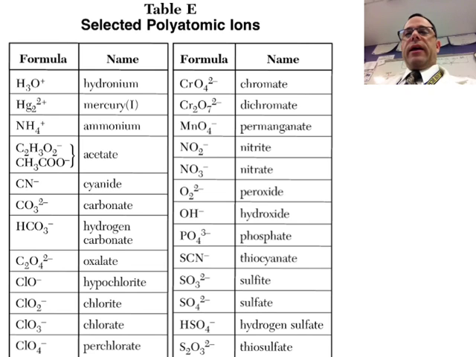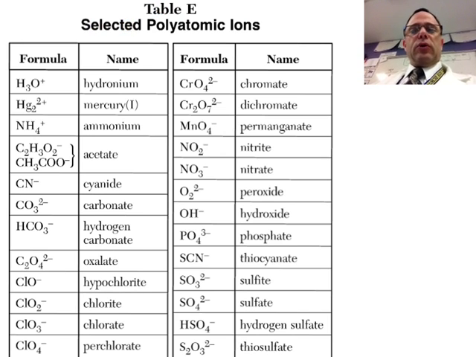Let's take a look at what some of these are. Here we have a list of selected polyatomic ions, located on table E of our reference table. This is saying a selected few. There are many more, but these are the ones we should focus on. The first sign to think of when you see the formula of a compound: if it has more than 2 atoms present, you need to be suspicious that a polyatomic ion is present, and then go inspect this table.